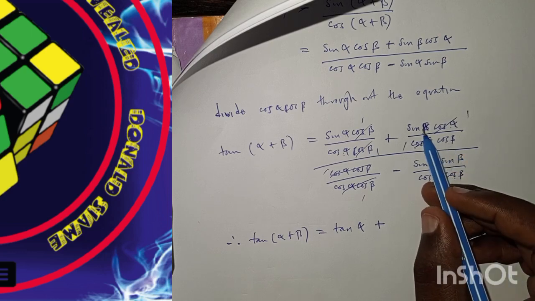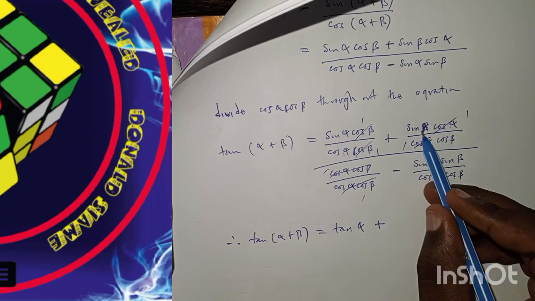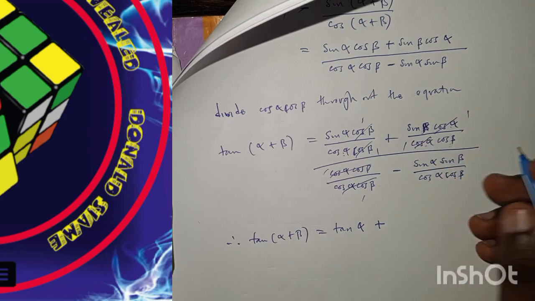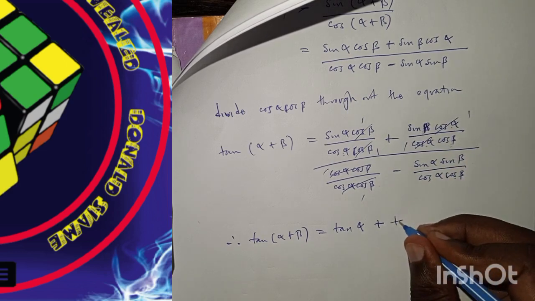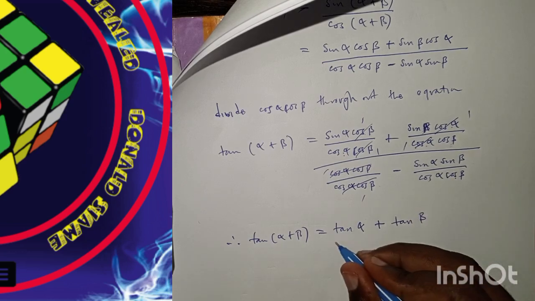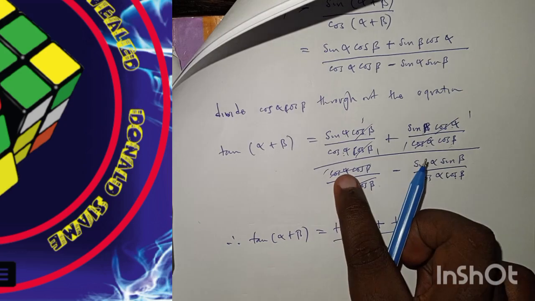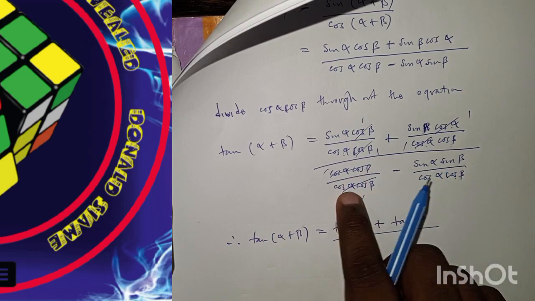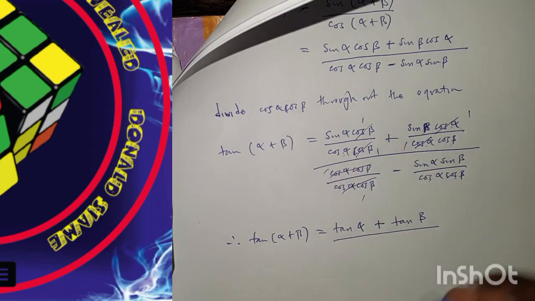Again here we have sine over cos. So sine beta divided by cos beta. Sine divided by cos is what? Tan. So here again we have tan beta over, here it's cos alpha cos beta divided by cos alpha cos beta. This is just the 1.